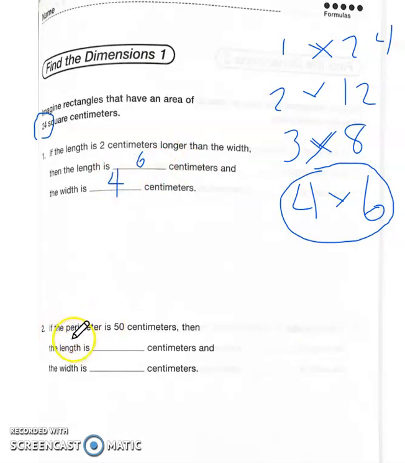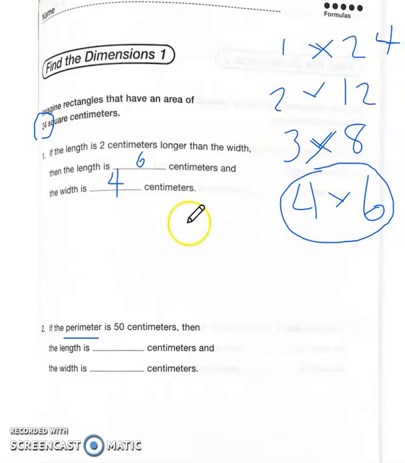Now the next one says, if the perimeter is 50 centimeters, then the length is blank and the width is blank. So the perimeter is adding up all of the sides, right? So what does that mean for us with our information up here?